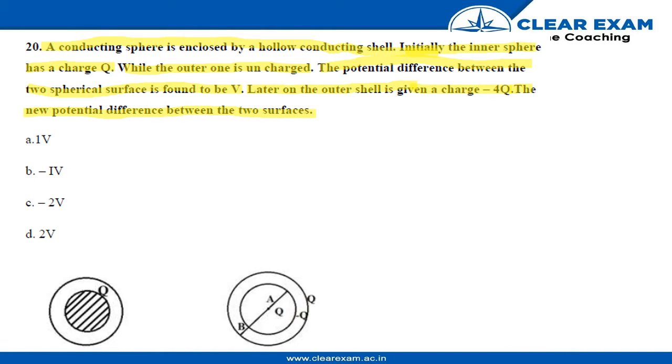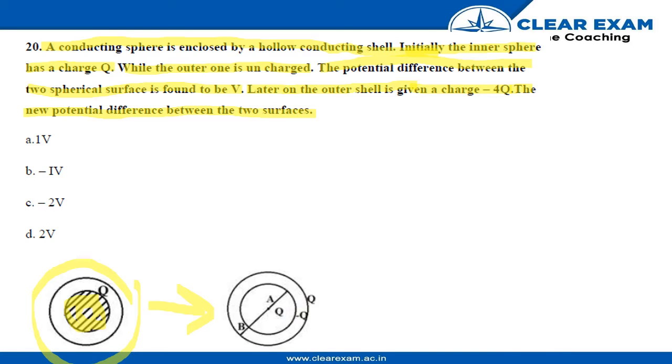Okay, so this is the figure where the inner one is a solid sphere which has a charge Q, and the outer shell is neutral. So we can depict this as this figure where A is the center of the inner solid sphere which has Q charge.